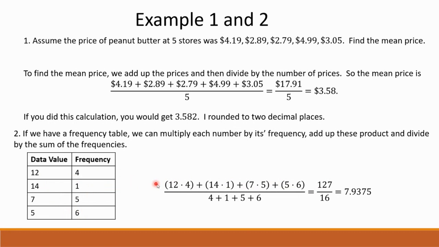So for the mean here, you have all this. Here you would get 127 over 16, which is this. So what's nice about a frequency table is you don't have to write out the data one by one, which makes it a little bit easier.